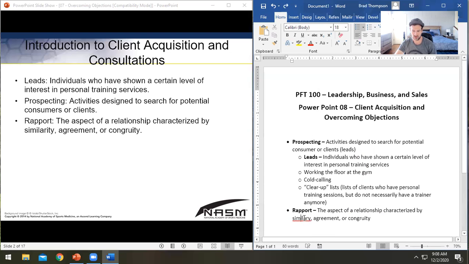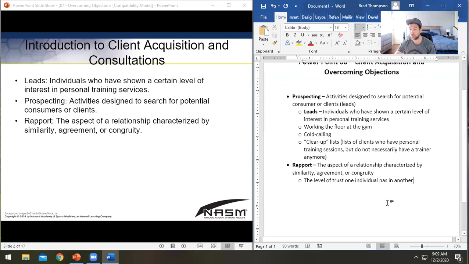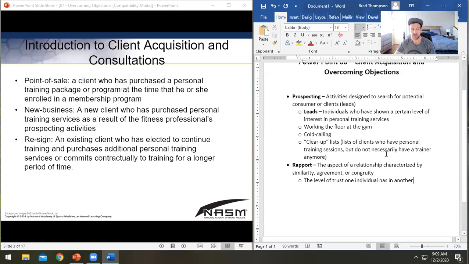Basically, it is the level of trust one individual has in another. That's really what they're talking about, right? That's what we mean when we say being agreeable. We mean that someone trusts and agrees with you, right?